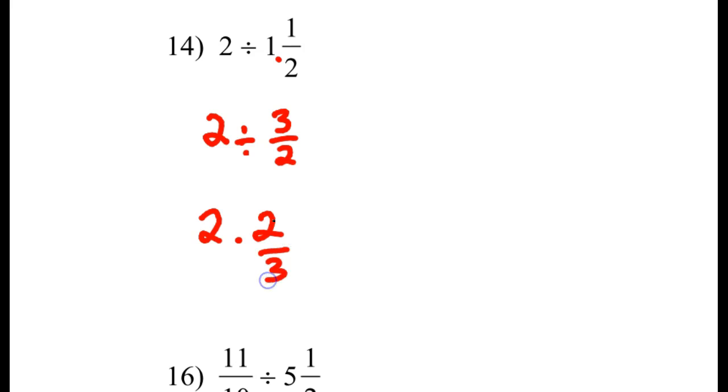So you see here how I had to convert it to an improper fraction, then flip it. Don't flip it here to 2 over 1. You have to convert it first. And if you need to, you can make that 2 over 1. And then our final answer will be 2 times 2 over 1 times 3. And there's your final answer.